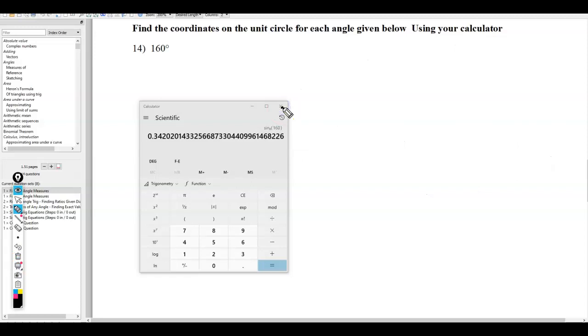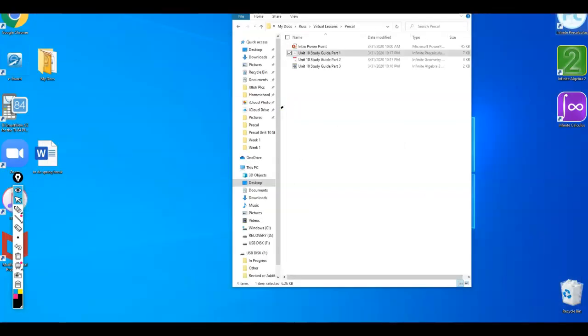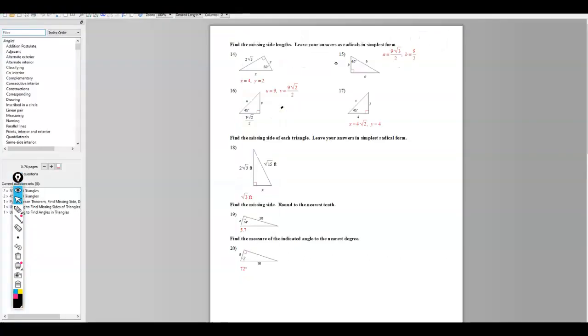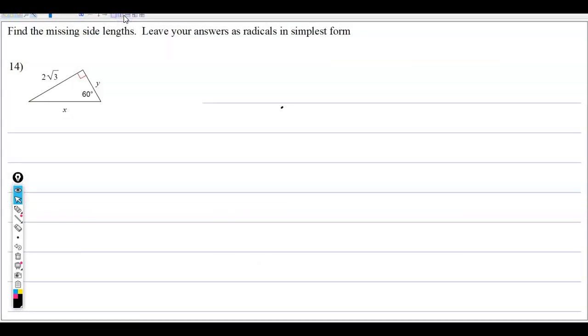All right, let's take a look at the third worksheet here. Special right triangles, something else we talked about in this chapter.